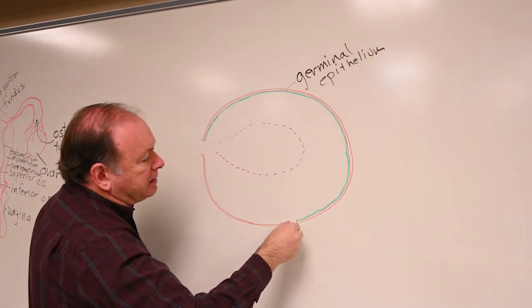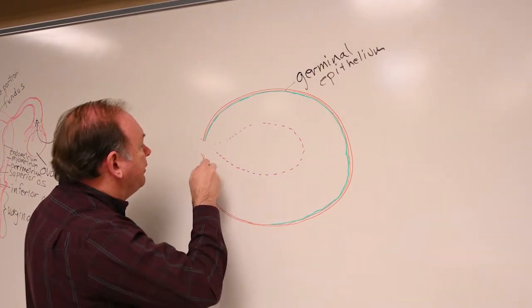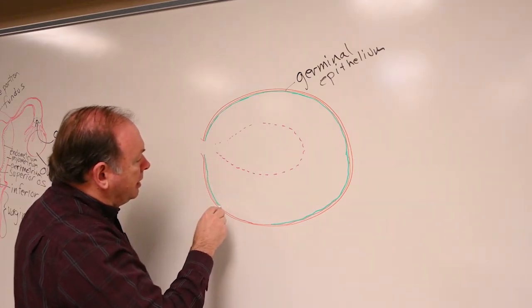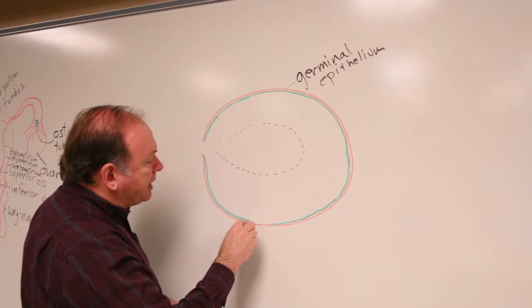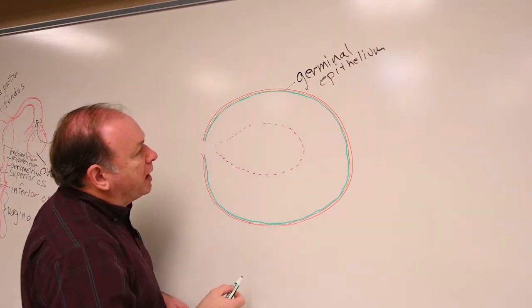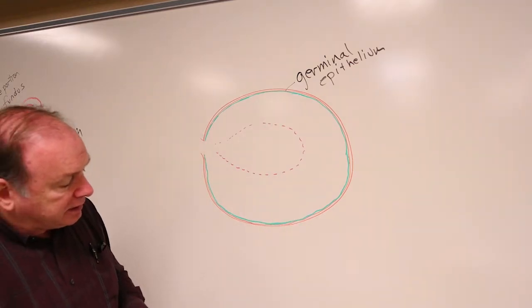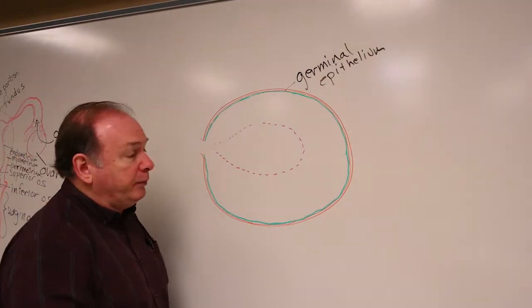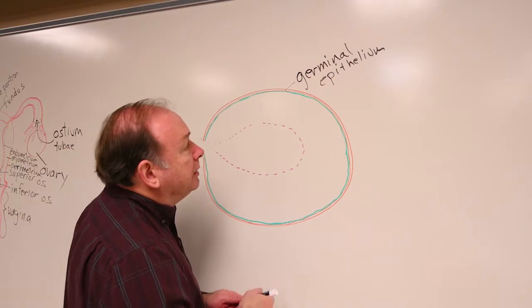And again, that's the same term we've seen in some of the male reproductive system parts. It just refers to a white layer. So there's the white layer, that dense layer of connective tissue immediately underneath the germinal epithelium, the tunica albuginea.